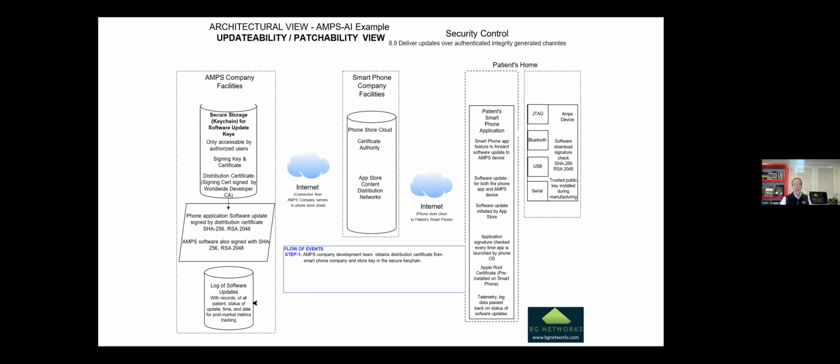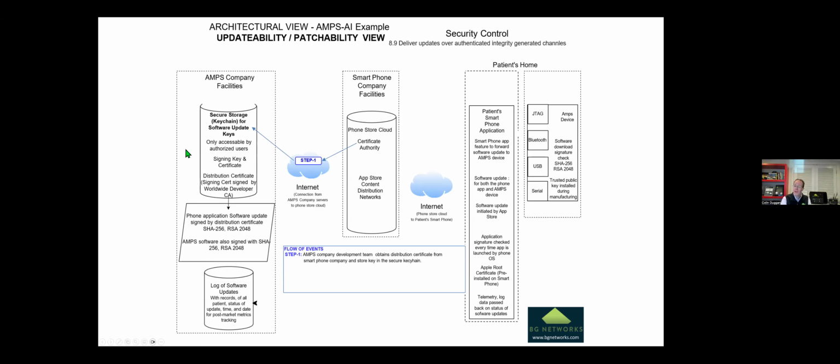If we go through step by step, step one is the company actually acquires a distribution certificate from the App Store, let's say from Apple, for example, and then they're going to store that securely.